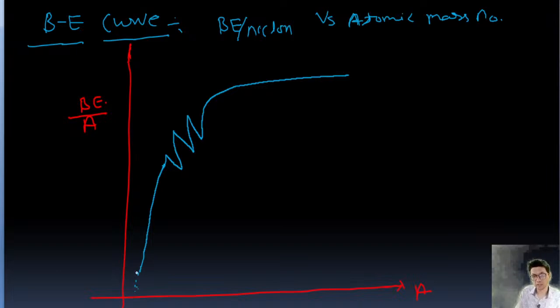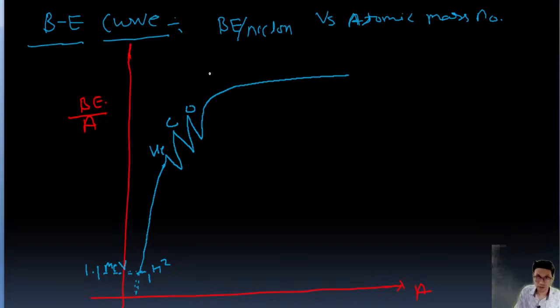This is for proton, 1H2 deuterium. For 1H2, the binding energy per nucleon is 1.1 MeV. Okay, this is helium, this is carbon, this is oxygen.